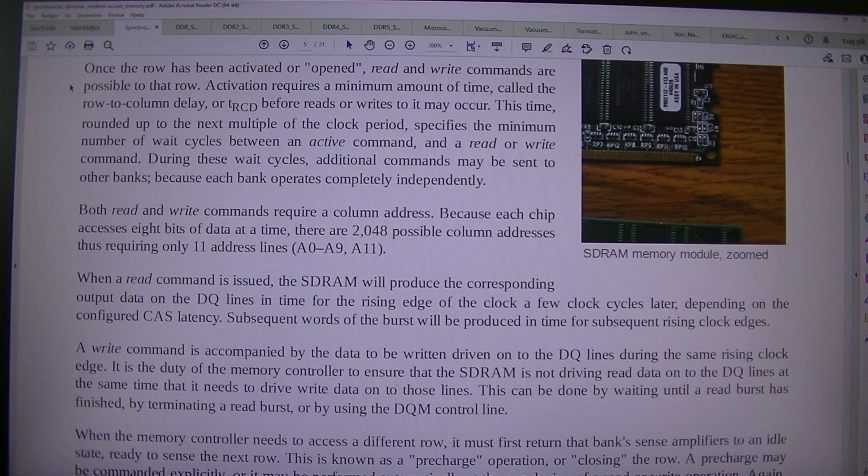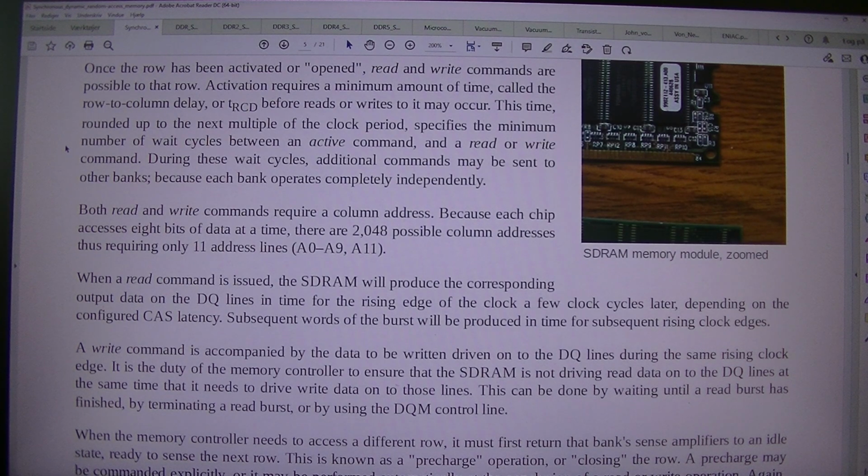Activation requires a minimum amount of time, called the row to column delay, or tRCD, before reads or writes to it may occur. This time, rounded up to the next multiple of the clock period, specifies the minimum number of wait cycles between an active command and a read or write command.